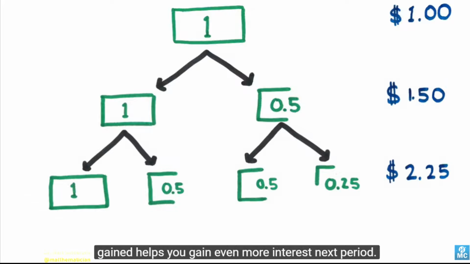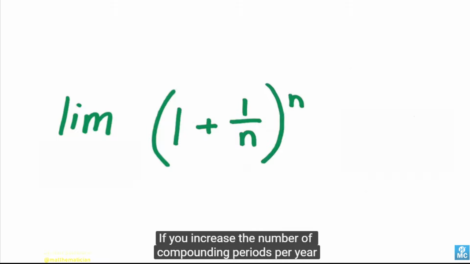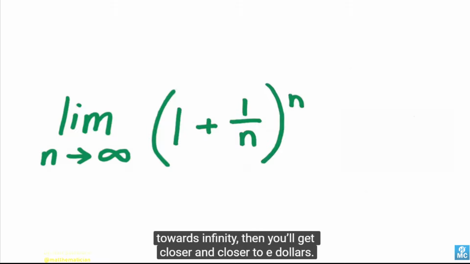So if you stick $1 into a bank account with a 100% interest rate compounded annually, you'll get $2 at the end of a year. If it's compounded semi-annually, you'll end up with $2.25. Quarterly, and you'll end up with $2.44. Monthly, $2.61. Weekly, $2.69. See where we're going? If you increase the number of compounding periods a year towards infinity, then you'll get closer and closer to E dollars.